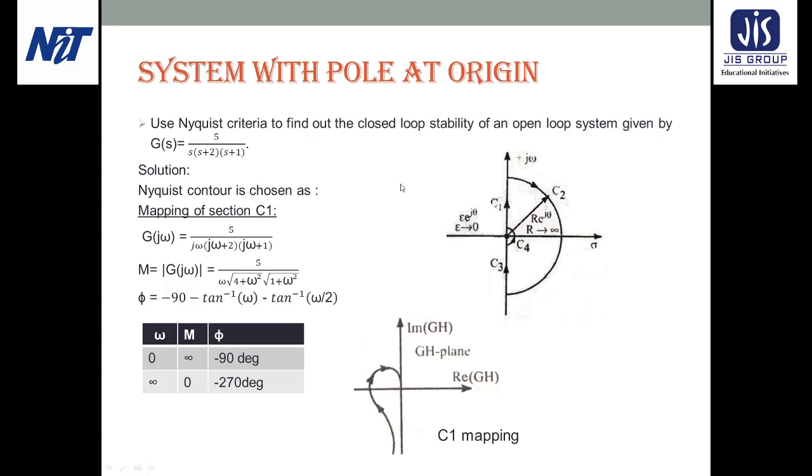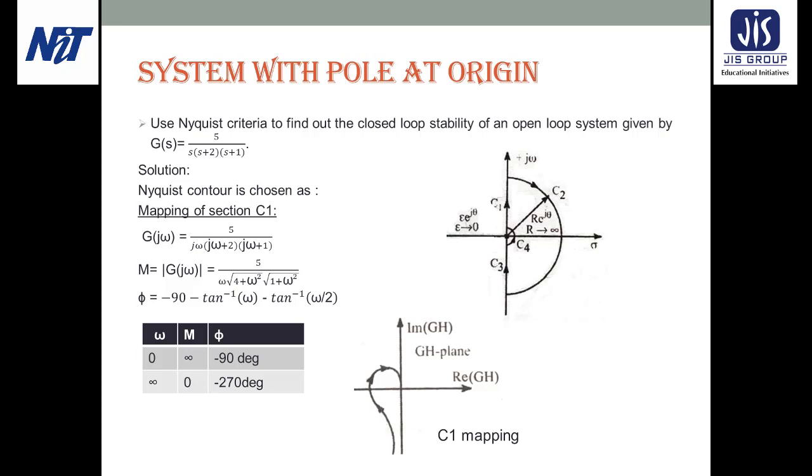Now let us map section 1. Just like the previous example, for section 1 we plot the polar plot, where G(j omega) equals 5 by j omega into (j omega plus 2) into (j omega plus 1).